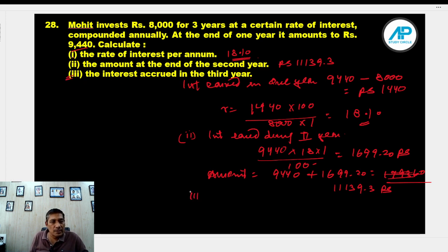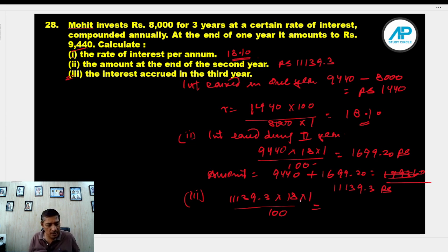So the third part, the answer, you have the amount 11139.2. Now what I see is that the value is a little cumbersome because a decimal has come here. So it will give you a little problem to solve this question, but you have to be very careful with your calculations.